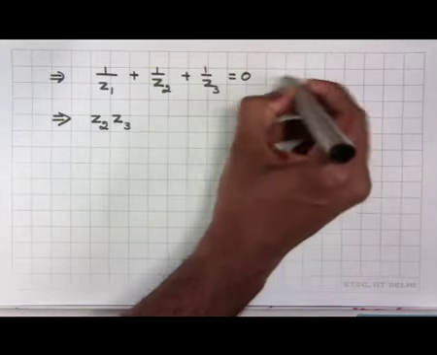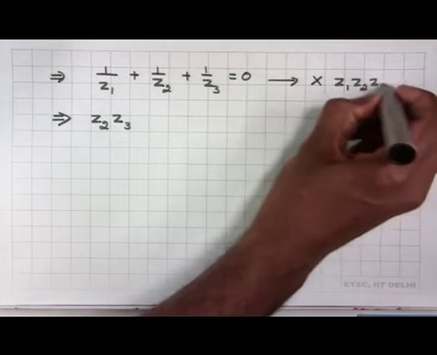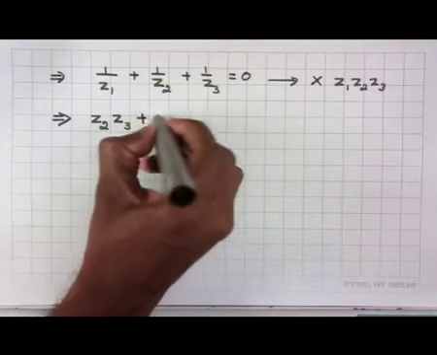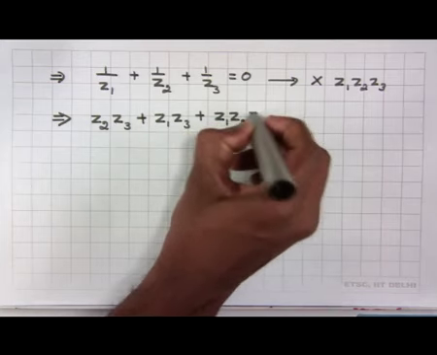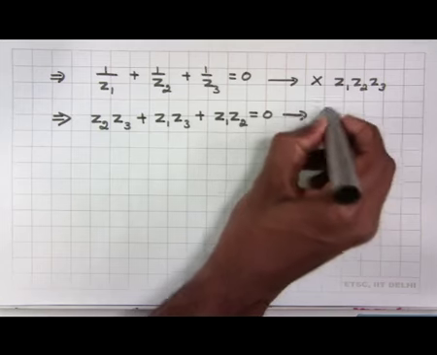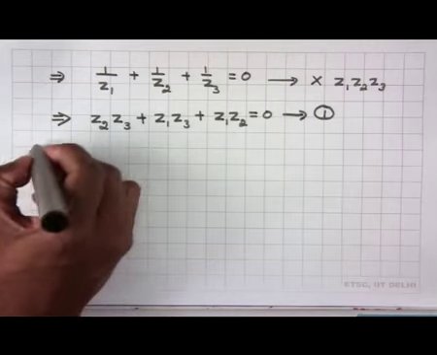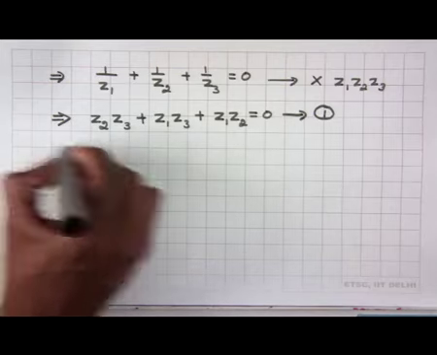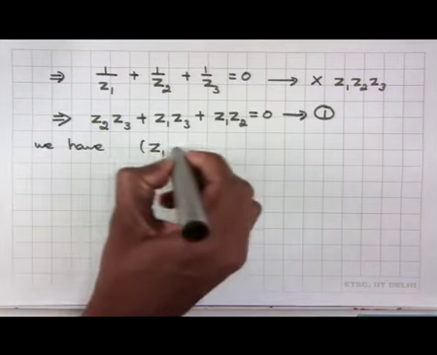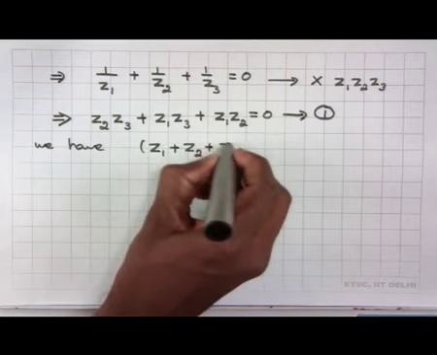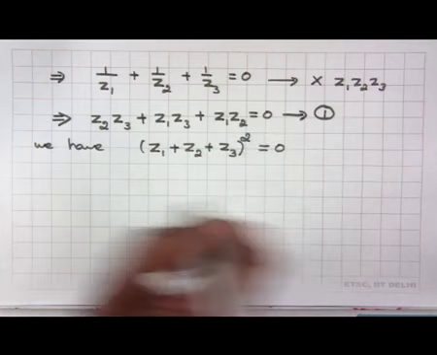So, we multiply this equation by Z1, Z2, Z3, and we arrive at the following equation: Z2 Z3 plus Z3 Z1 plus Z1 Z2 is equal to 0. Let us call this equation 1. Again, from the given equation we have Z1 plus Z2 plus Z3 equal to 0. Take its square, that is again 0.